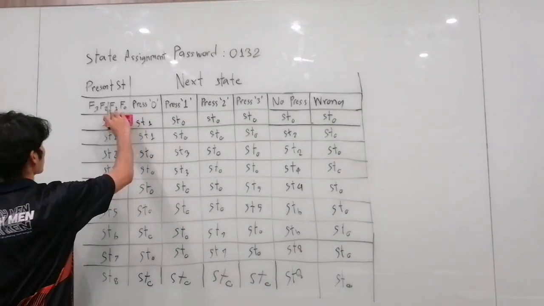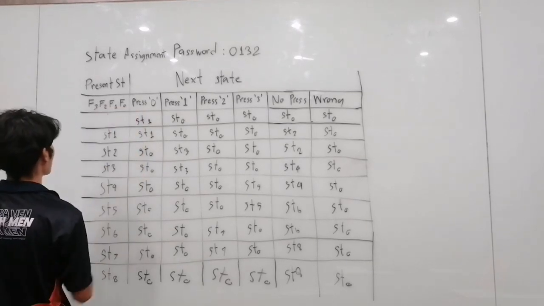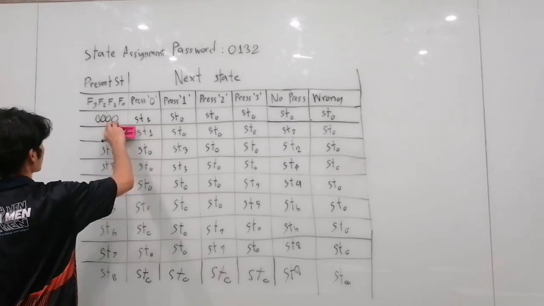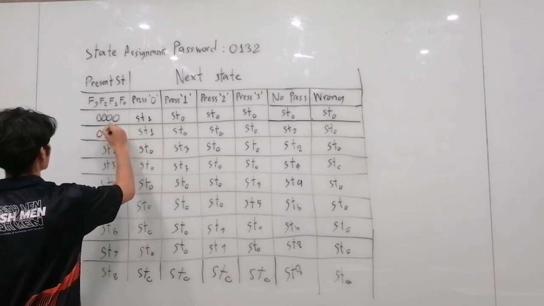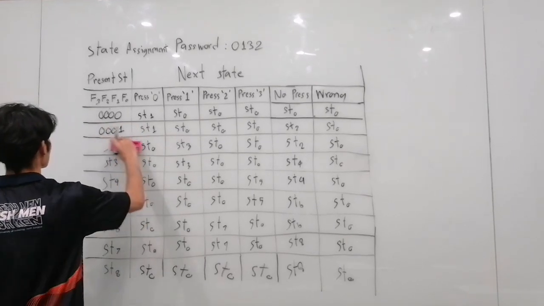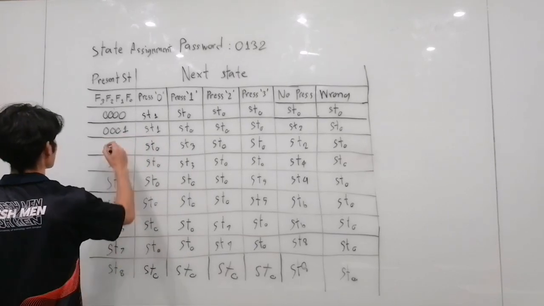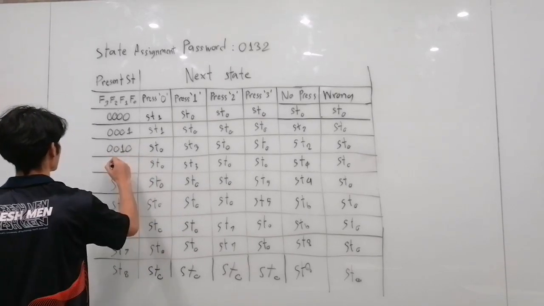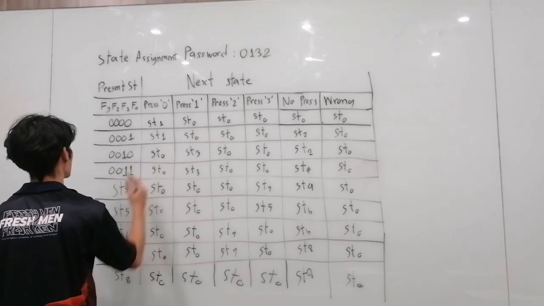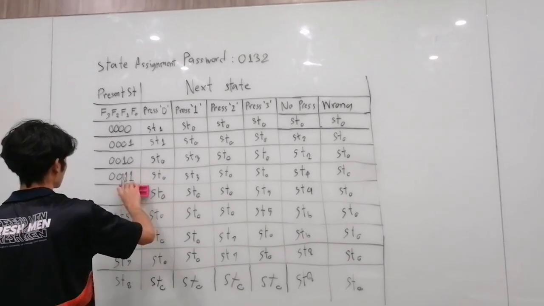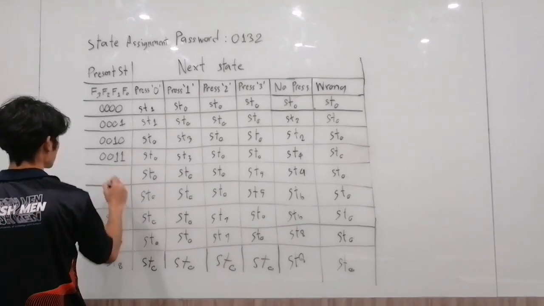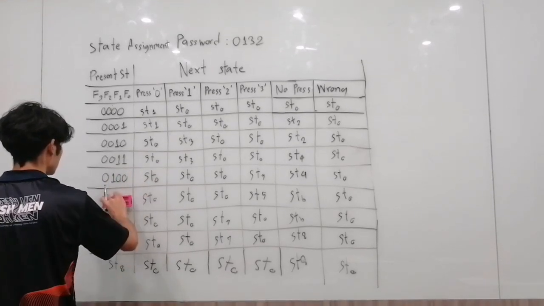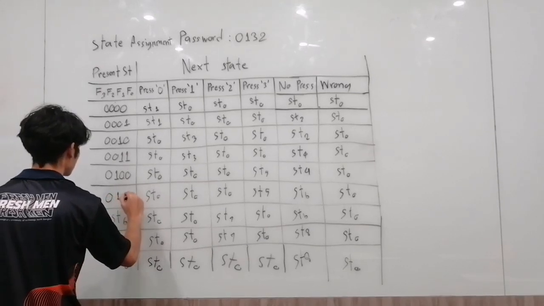We change state 0 to 0 0 0 0, state 1 to 0 0 0 1, state 2 to 0 0 1 0, state 3 is 0 0 1 1, state 4 is 0 1 0 0, and state 5 is 0 1 0 1.